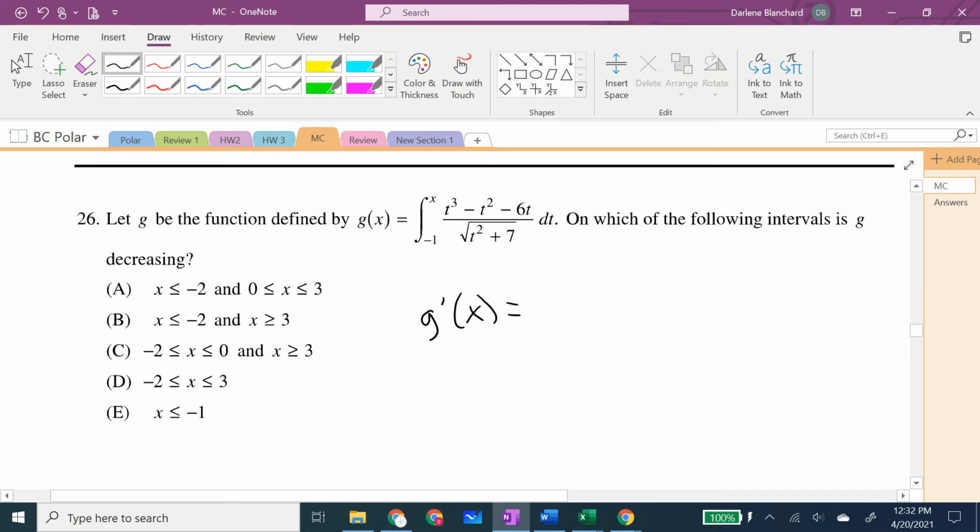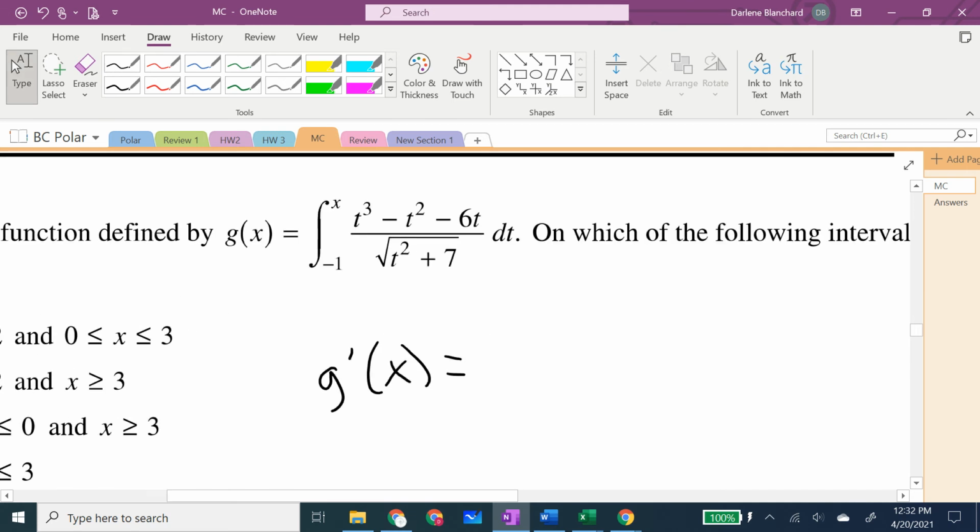If you're taking the derivative of an integral, and the integral is just a constant to just the variable that you're taking the derivative with respect to, then literally the answer to this derivative is the integrand. Integrand, but with an x in it.